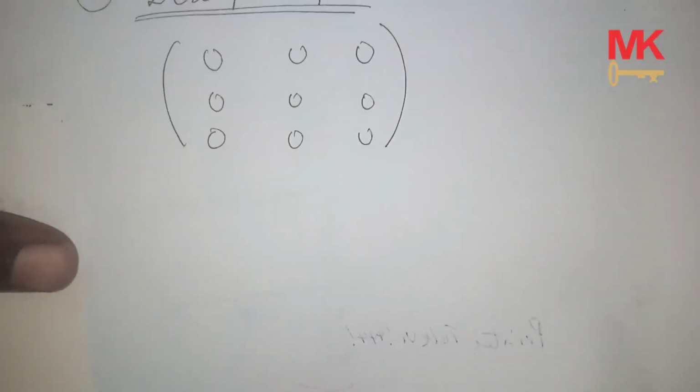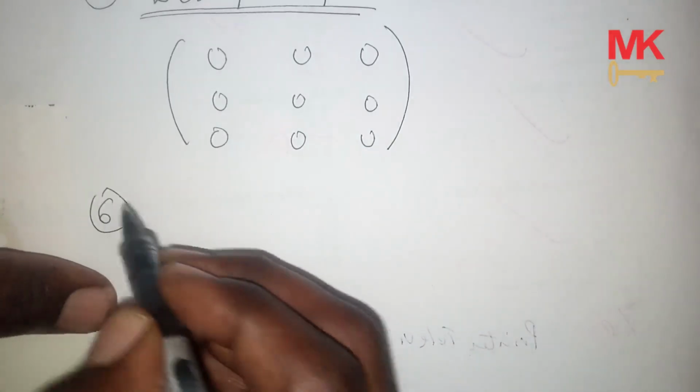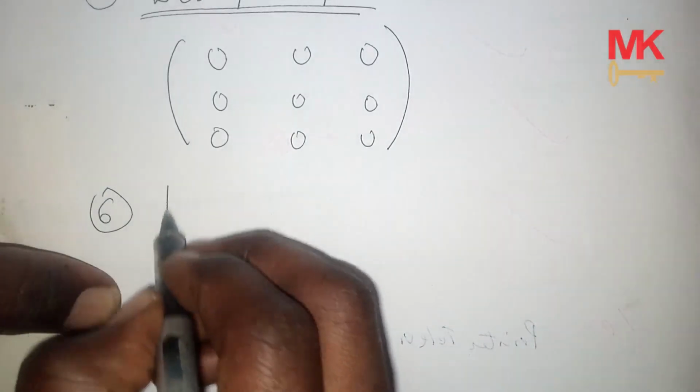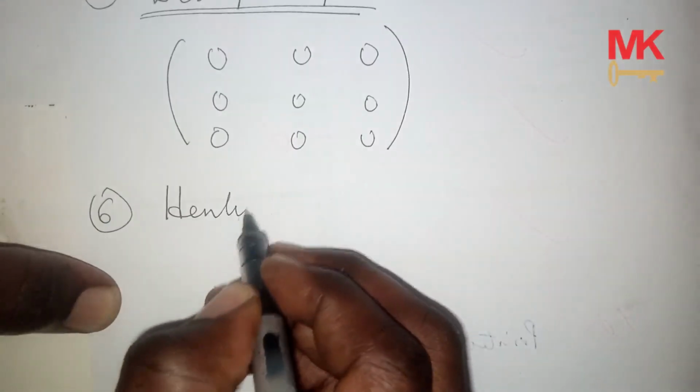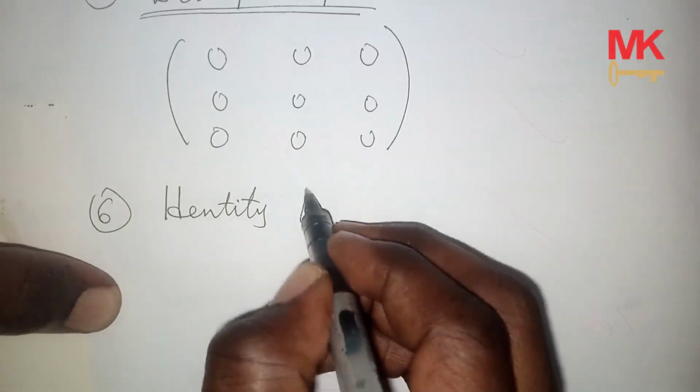An identity matrix is the type of matrix in which, as number 6, the elements in the main diagonal are just 1. So the identity matrix.